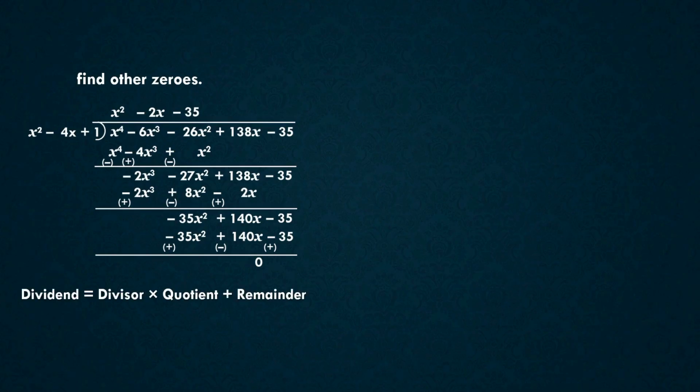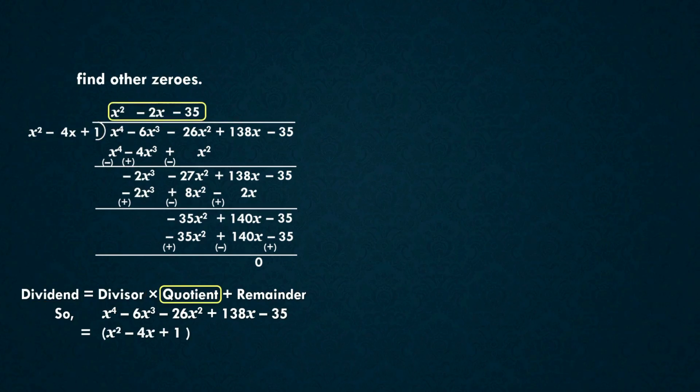According to the division algorithm for polynomials, dividend equals divisor multiplied by quotient plus remainder. Since the remainder is 0, the given polynomial can be written as (x square minus 4x plus 1) multiplied by (x square minus 2x minus 35).